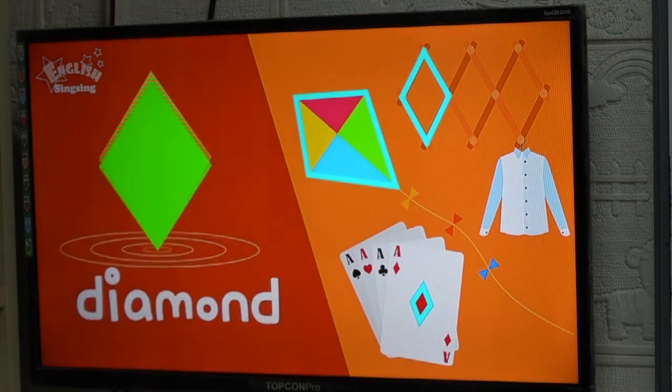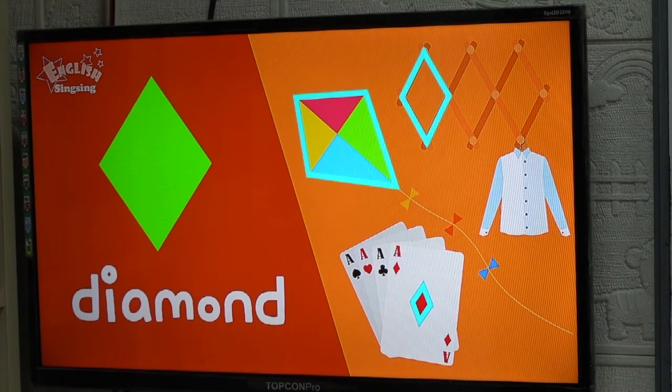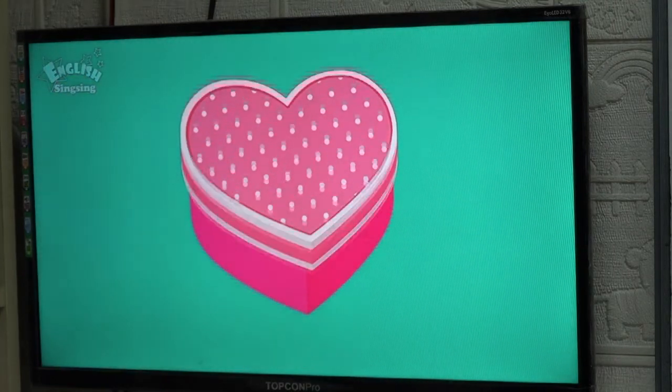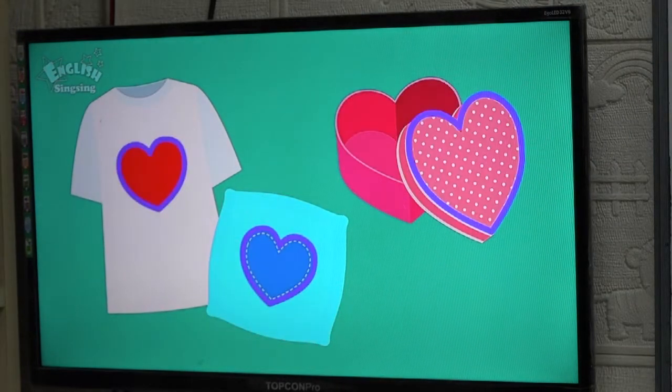Diamond, diamond. These shapes are hearts.